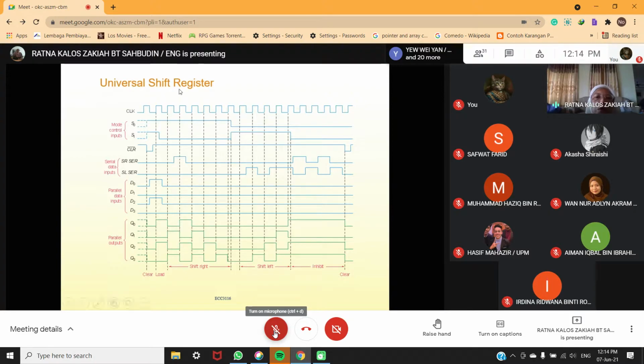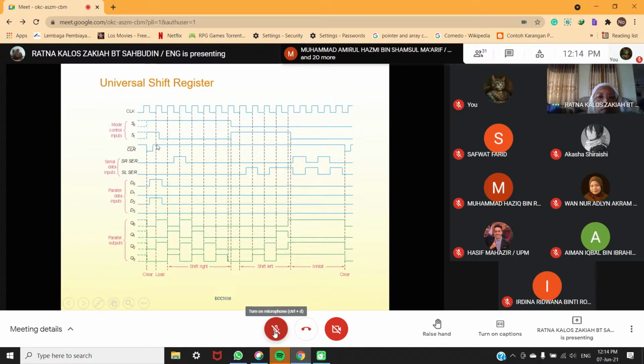The first one is high, and then here you have high, low, and so on. And then you have clear. When it is low, it will clear inside here. Then you have serial data input. You also have serial data input here. This is shift right, shift left. And then you have the data in parallel and the output here.